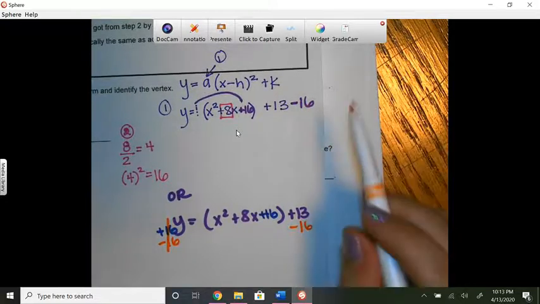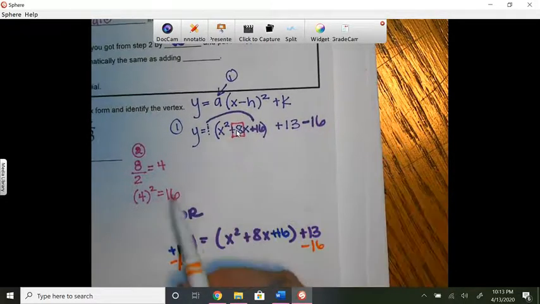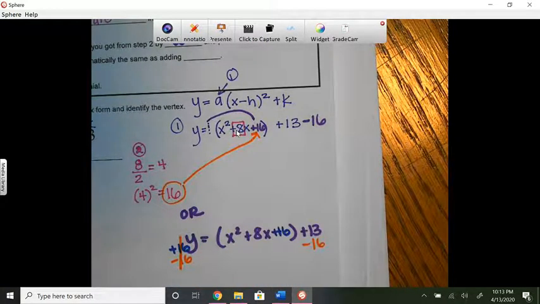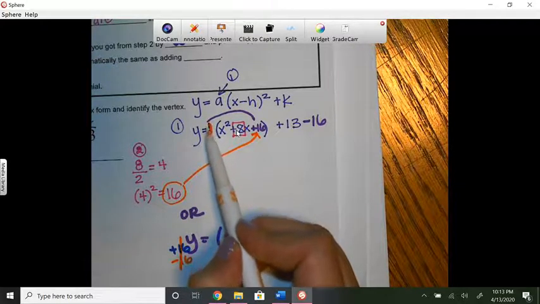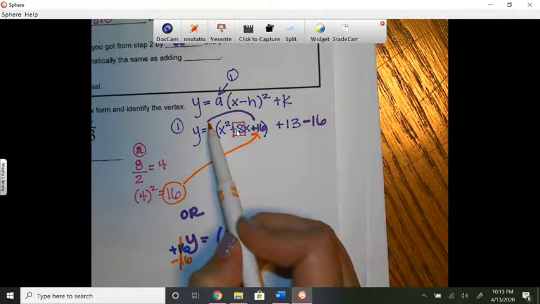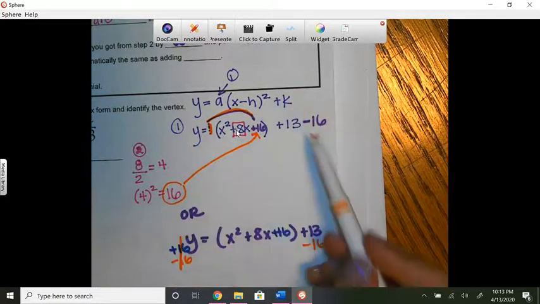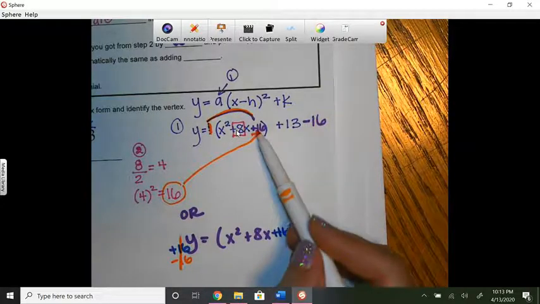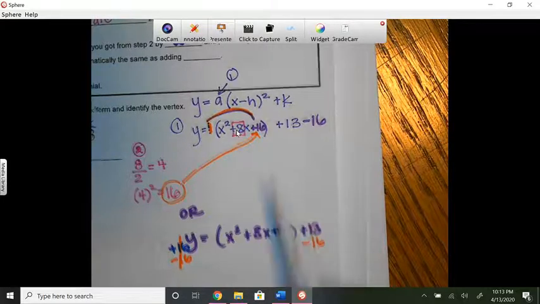So let me recap here. Step 3. You're going to take this number right here and put it inside the parentheses. Then you're going to multiply this number right here, whatever it is. In another problem, it might be 4. You multiply these two together and put the opposite here at the end. Or, if you put 16 here, put 16 on the other side and then get rid of it.